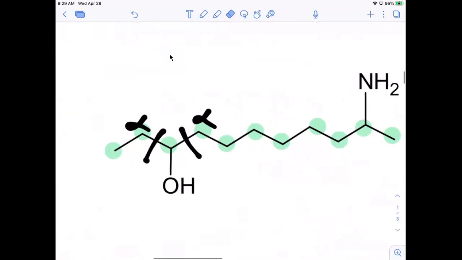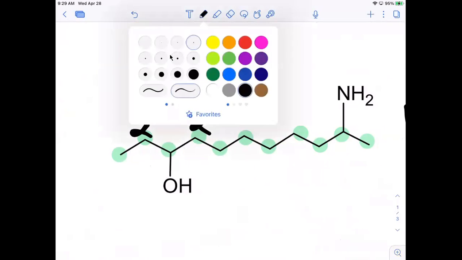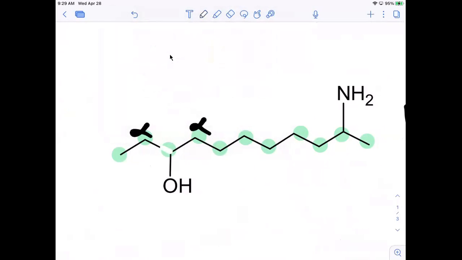So if I cleaved to the left of that OH group, what would I have left? If I cleave right there, I would have that, wouldn't I?